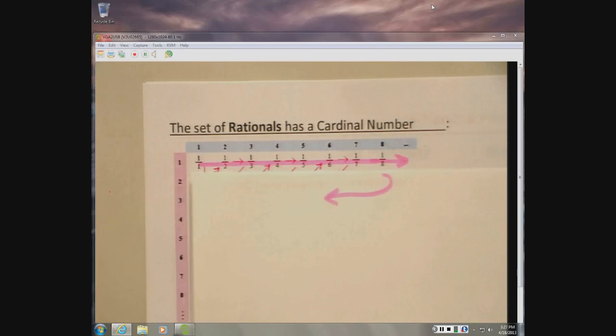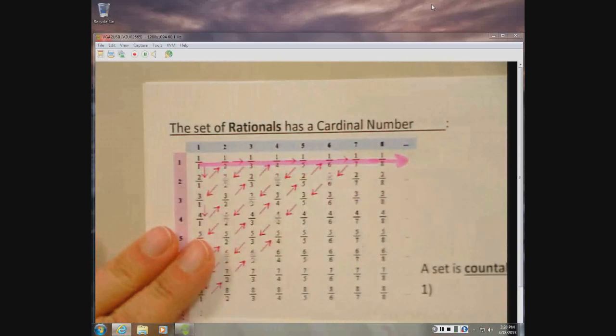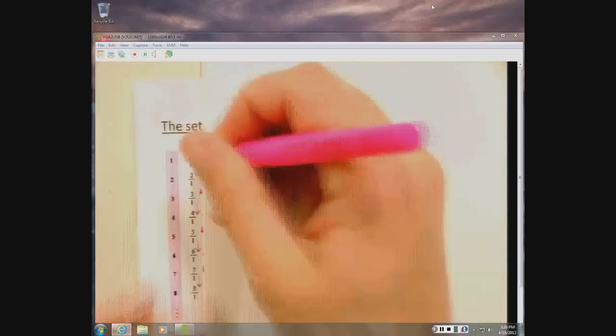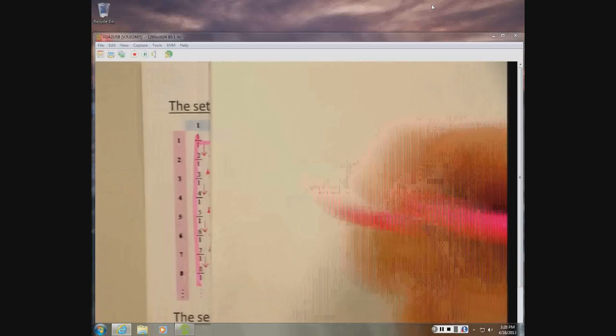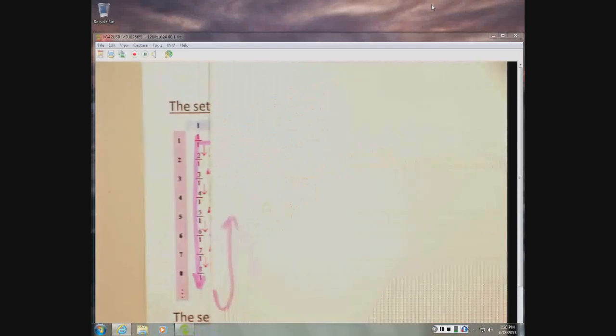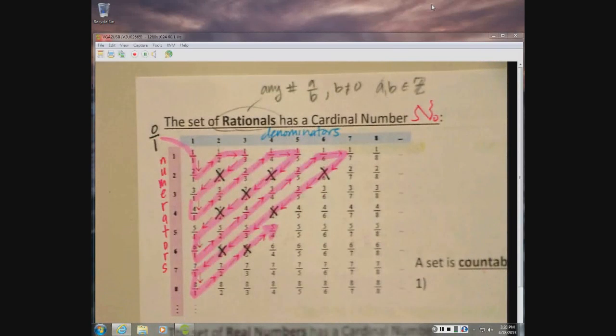So this doesn't work. I'll get stuck here, and I'll never get a chance to hit all of those other fractions. Similarly, if we tried to count these by going down, I would get lost in all of these that have the denominator of 1, and I would never be able to loop back around or finish this column. So instead, this is really a pretty clever way of counting the set of rational numbers. How cool is that, right?